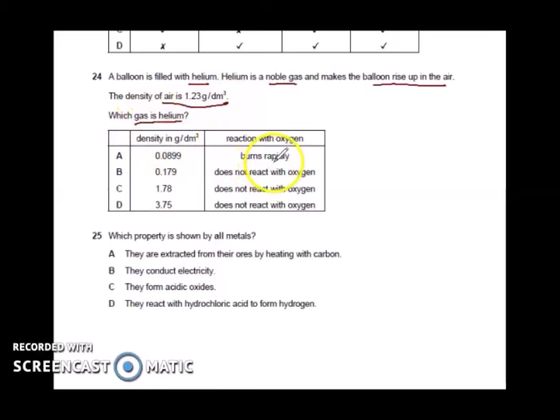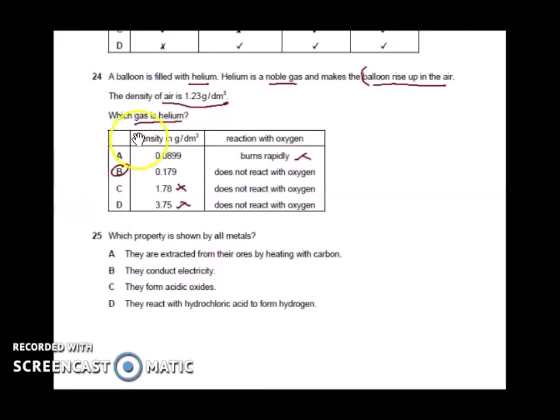It does not react with oxygen. So it should be lower because this balloon is rising up in the air. So the density of the helium gas should be much lower compared to this one. Okay, so your answer here will be B. This one is heavy, and helium does not react.